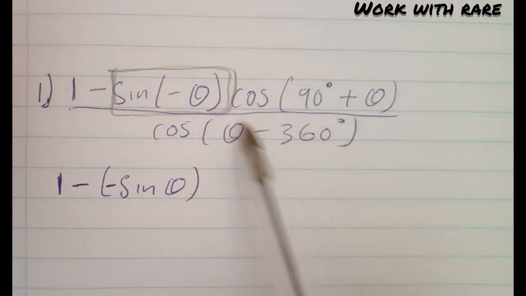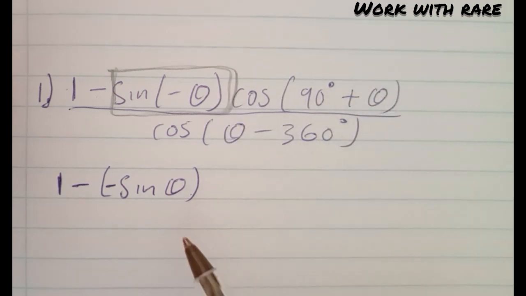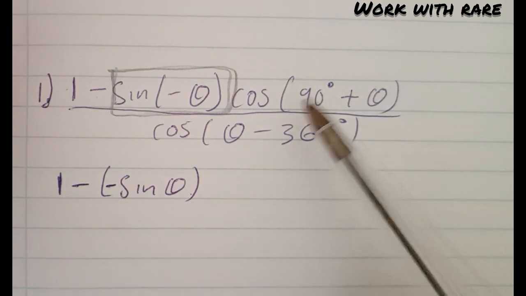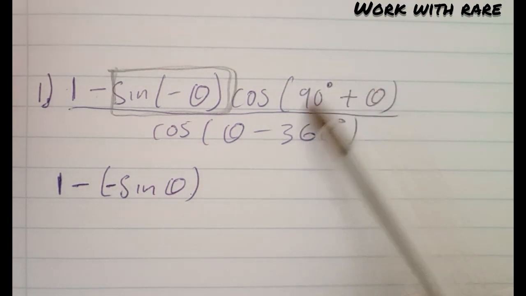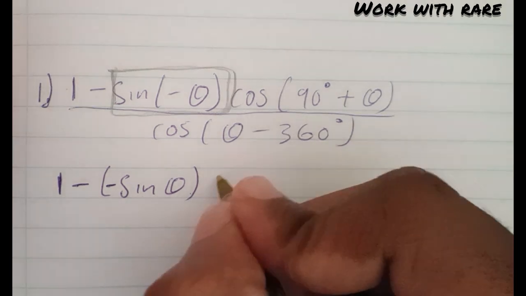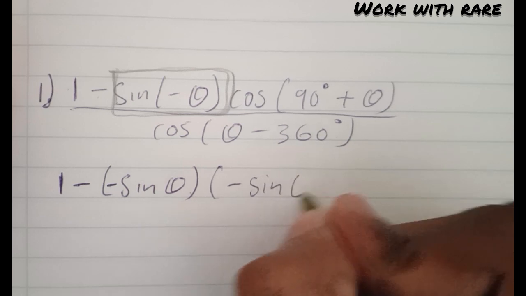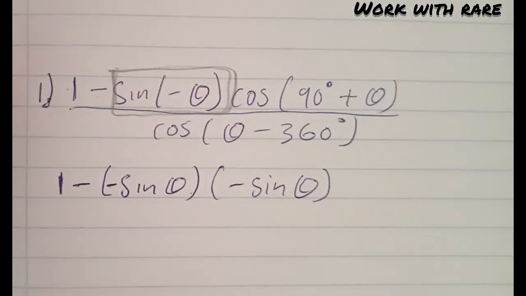So this will change to sine, remember, but it will change to negative sine theta, because here it is not 90 minus, but it is 90 plus. So it will change to negative sine theta.